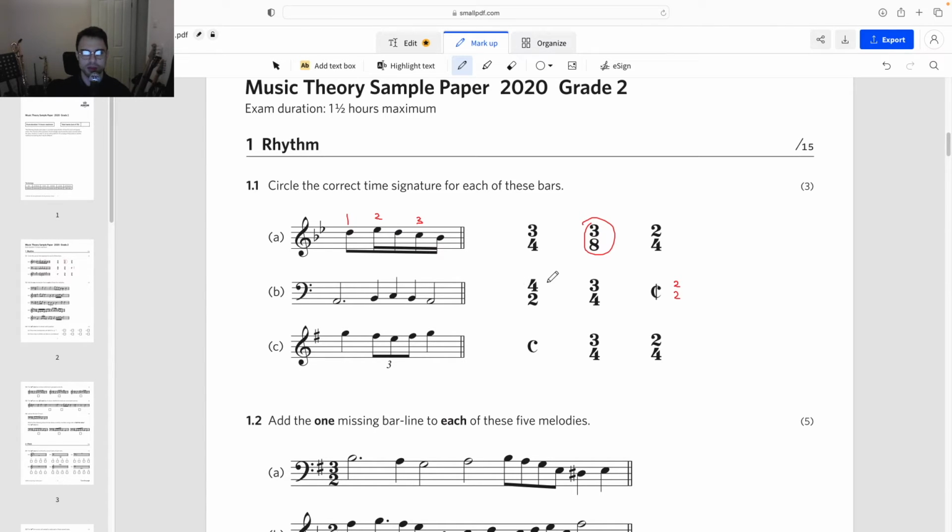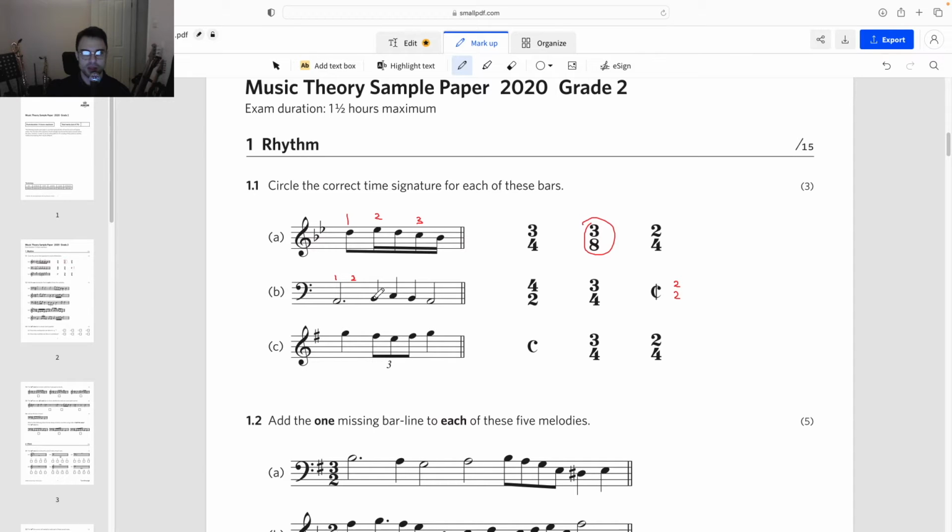So I'm thinking maybe it's 4-2, which means that there are 4 minims in this bar. So let's see if that works. So we've got our first minim here, and it's dotted, so it's worth 3 beats, which means that it's actually tied over in a way to our second beat of the bar. So we're just going to write that there.